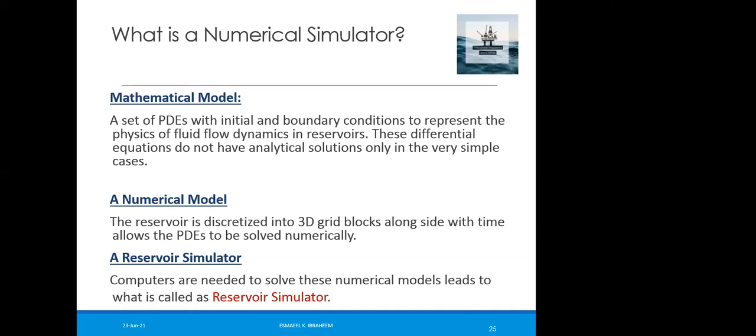Join them together in order to understand what kind of reservoir you have, what the dimensions of the reservoir are, and what the number of cells in this reservoir is. Then you have numerical modeling. This collects all this information together and shows you the 3D grid blocks alongside time, allowing the PDEs to be solved numerically.